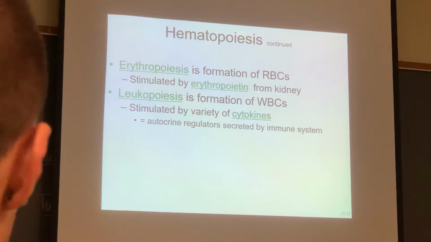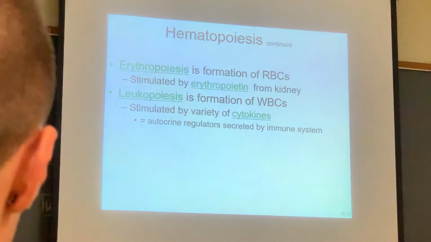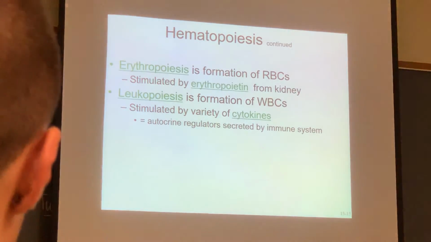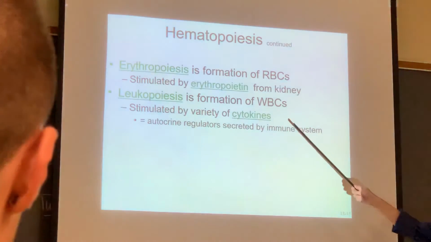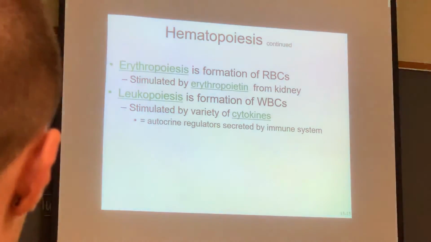What's their main job? Carry oxygen. Oh, we just don't have the ability to carry around enough oxygen, right? We don't have enough. Maybe we're anemic, maybe we're at a high altitude, something like that. So that's going to trigger the kidneys to release the EPO. Whereas leukopoiesis is going to happen because we need more white blood cells to do what, Anthony? Fight off infection.